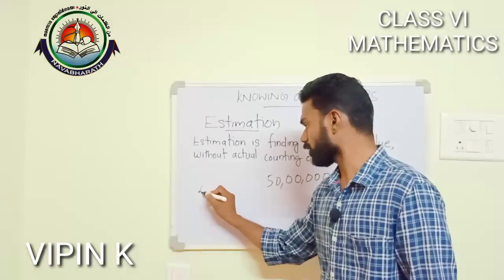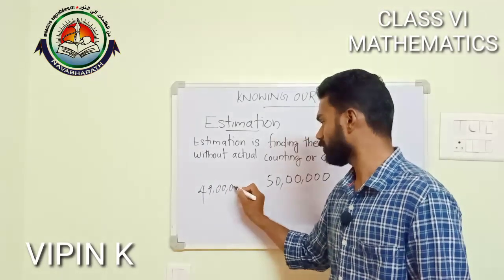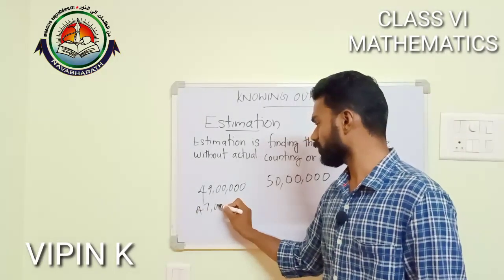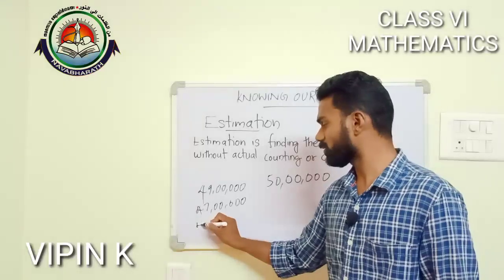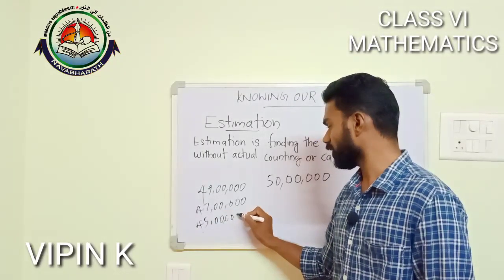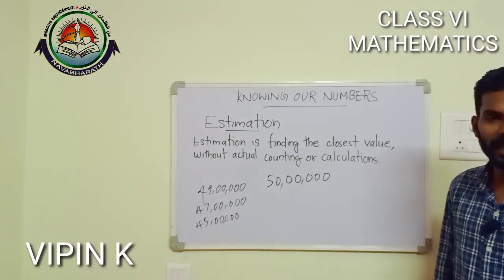Suppose your construction cost is 49 lakh or 47 lakh or 45 lakh. We can say that it is nearest to 50 lakh.